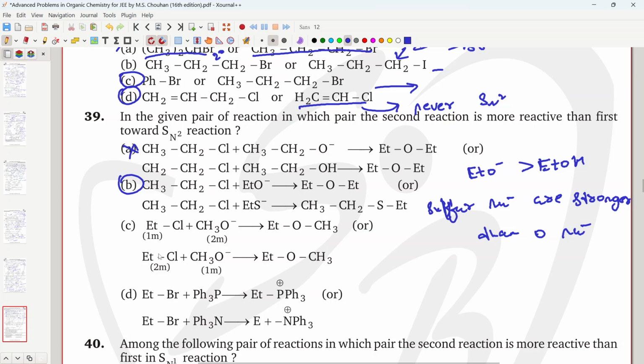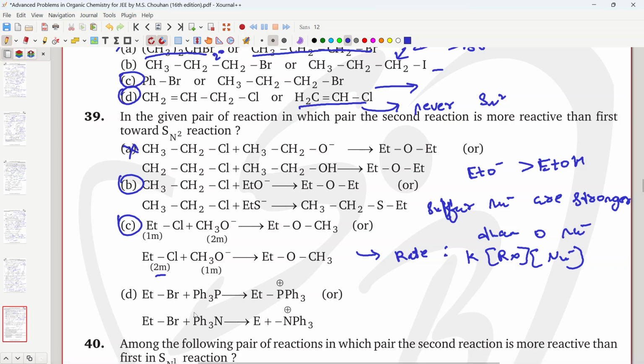Now, option C. Ethyl chloride plus methoxide versus ethyl chloride plus methoxide. The rate is, right, so the second is also faster.